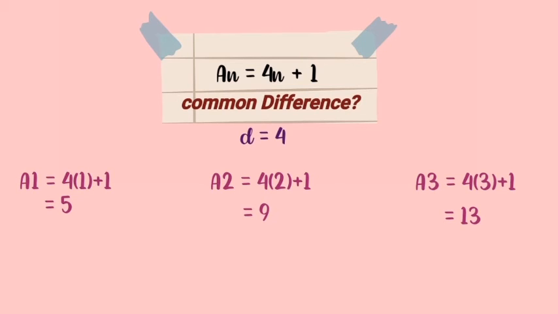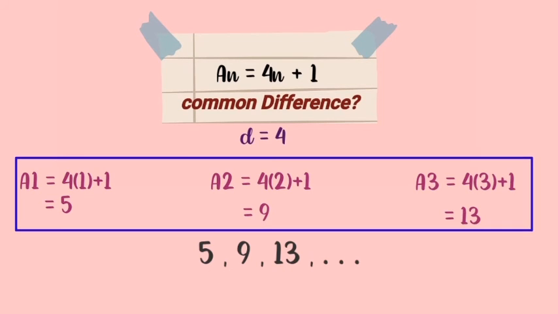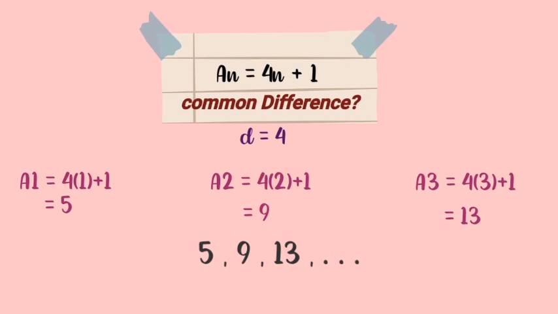So, the sequence will be 5, 9, 13, and so on. And you can see that the common difference is 4, but in your competitive exam, this method will be too time consuming. Anyway, let's try out another sequence problem.